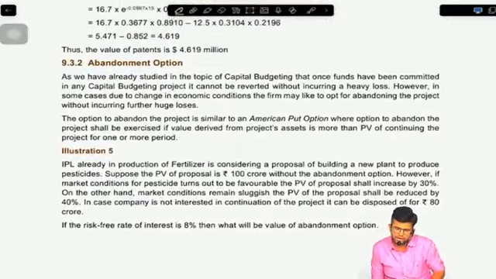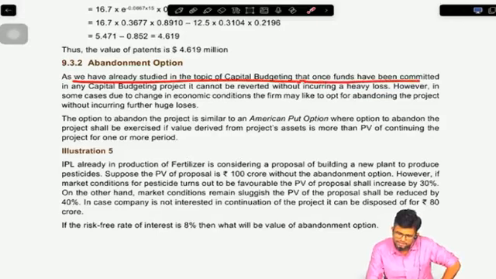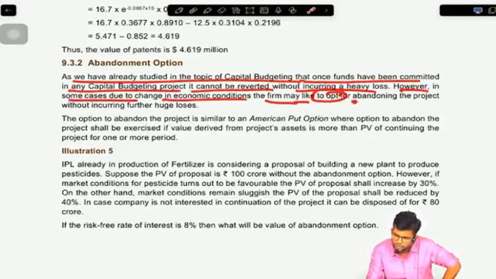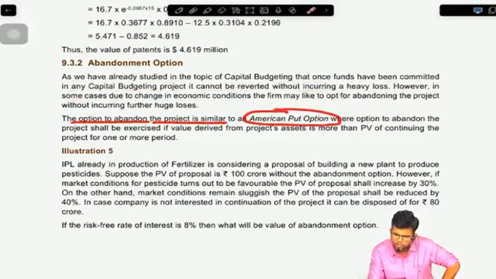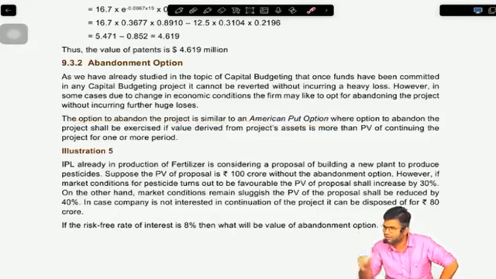As we have already studied in capital budgeting, once funds have been committed, it cannot be reverted without incurring costs. However, in some cases, the firm may like to opt for abandoning the project. The option to abandon is similar to a put option that gives you an option to abandon anytime you want. Now you can understand all of this.